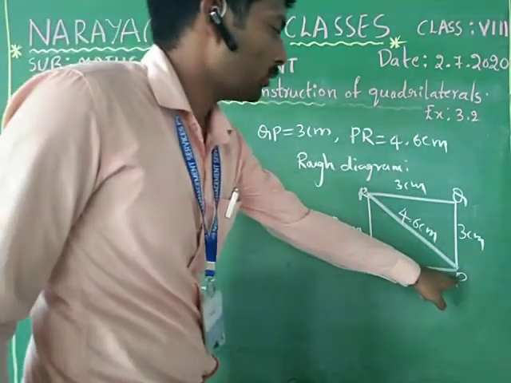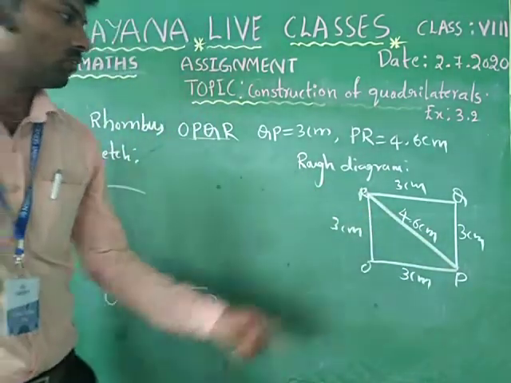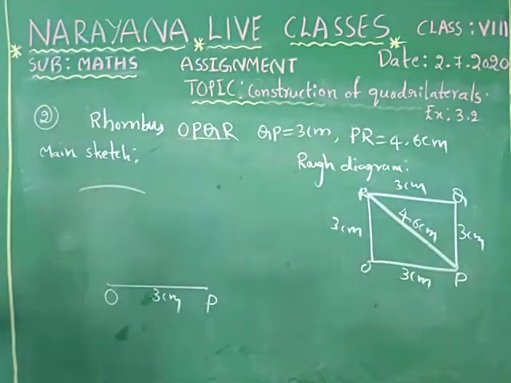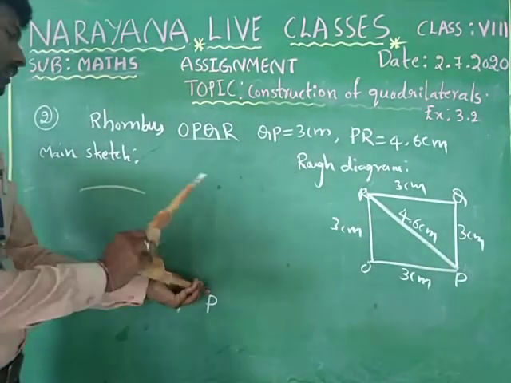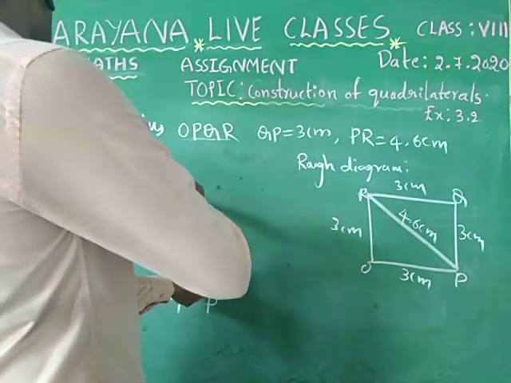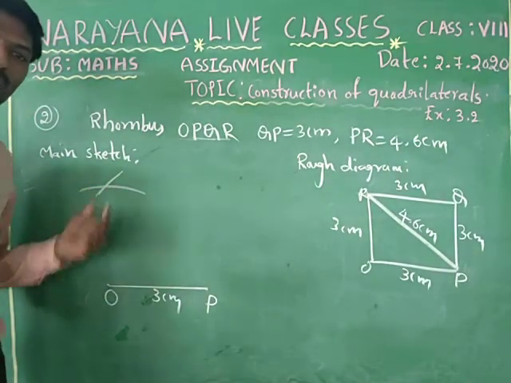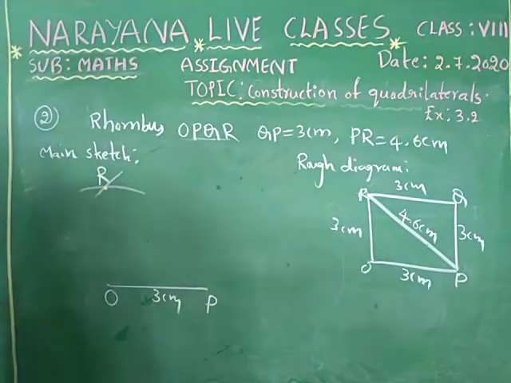Again, from point P, draw one more arc whose radius is 4.6 centimeters. The point of intersection of these two arcs can be taken as point R.